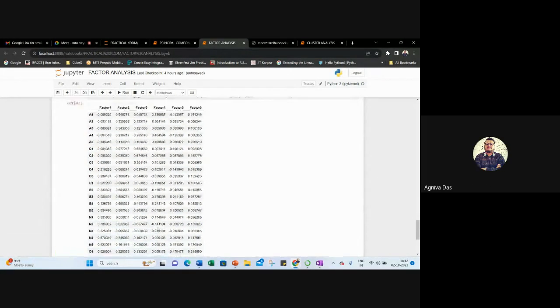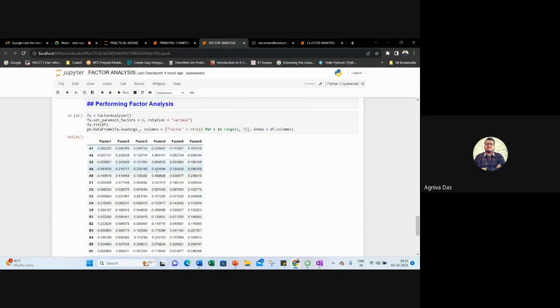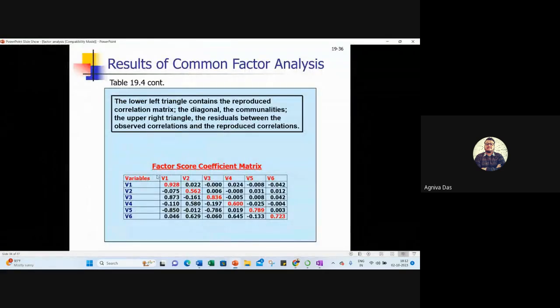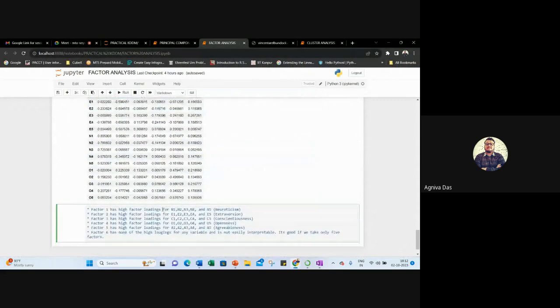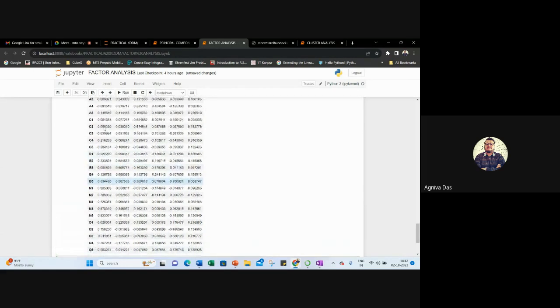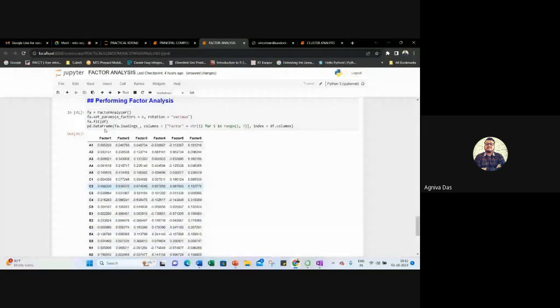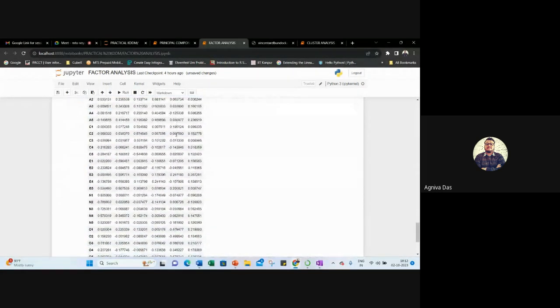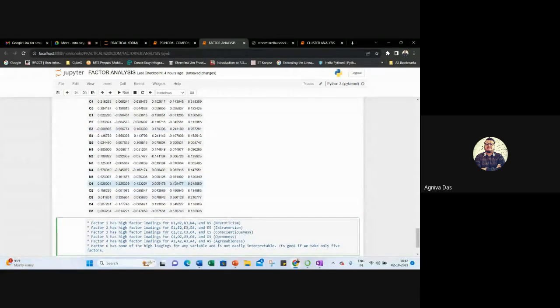It is highest in A. So factor 4 is for A. I think the 5 one will become 4, and this 4 will become 5. Let's check for factor number 5. For factor number 5, which one is highest? Yes, O is highest. 0.47, 0.49, 0.56.